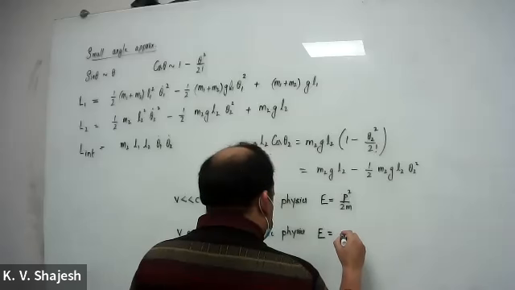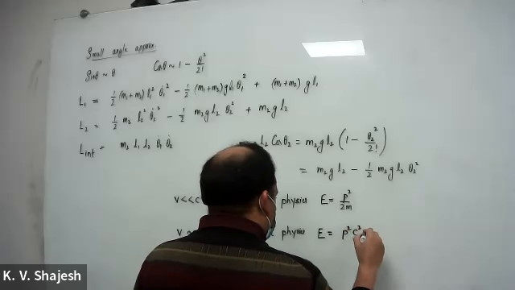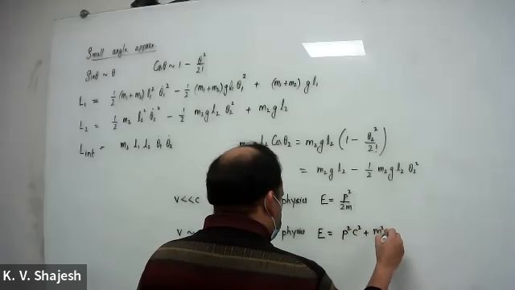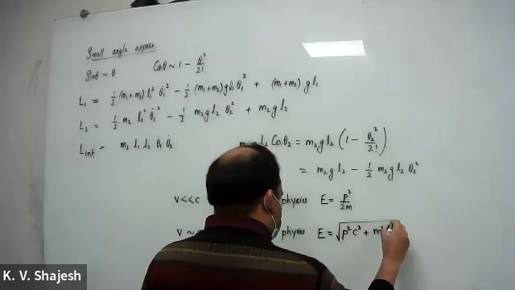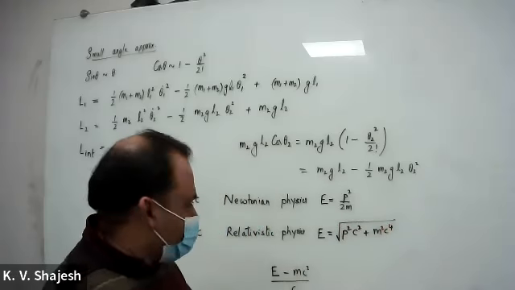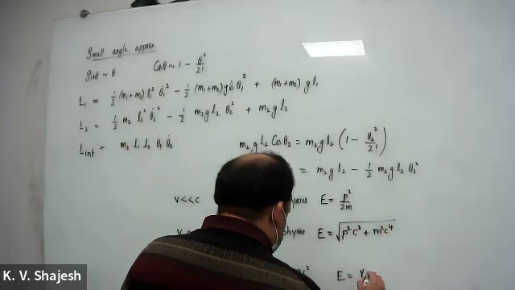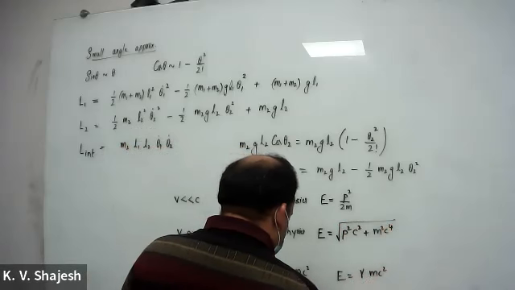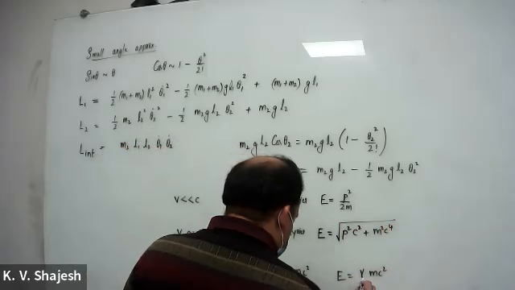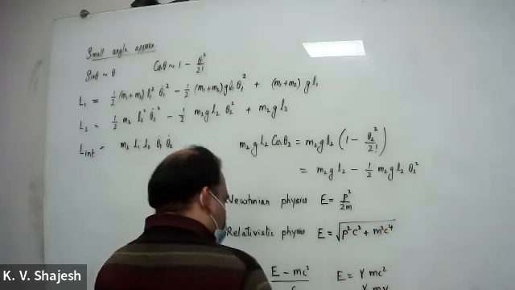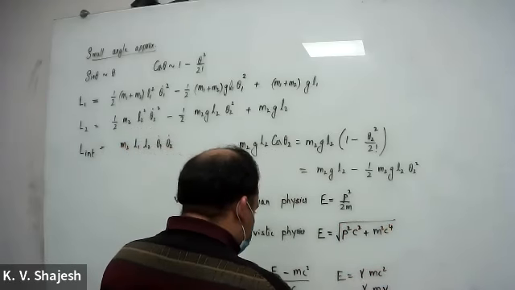So here it will be p square, the momentum, times c square, plus m square c raised to 4. Is that what you meant? Right, and what you were saying is that E is equal to gamma mc square, and momentum is gamma mv, right?